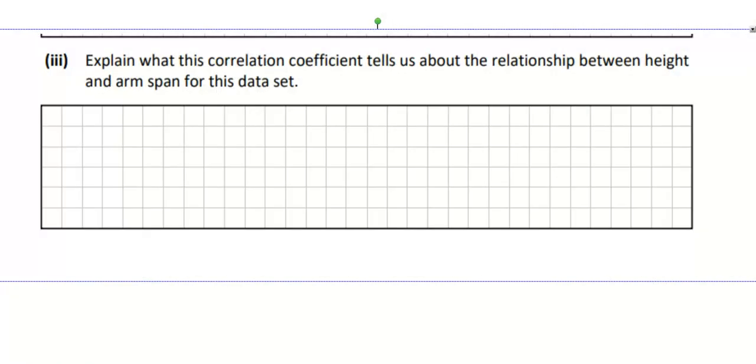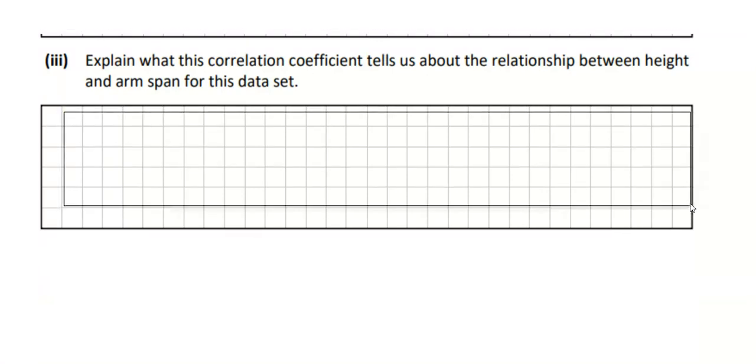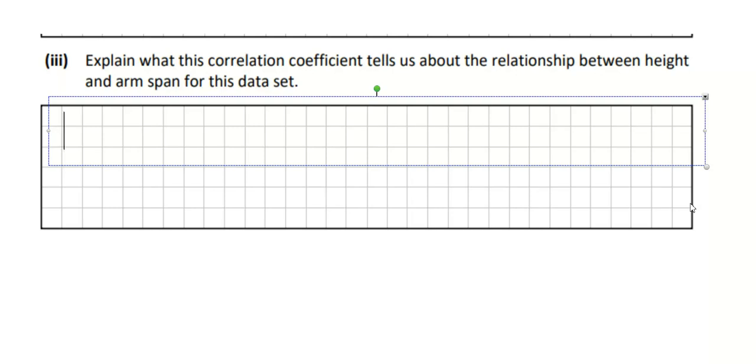Now, next part. Explain what the correlation coefficient tells us about the relationship between height and arm span. Generally speaking, the taller you are, the longer your arm. So it tells us, see, it's the correlation coefficient.